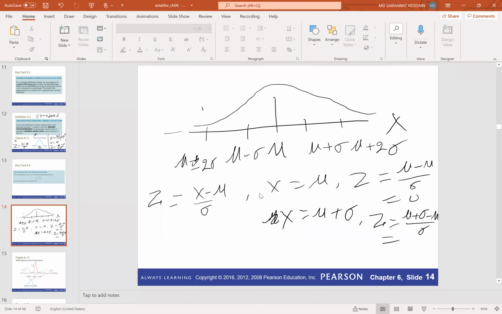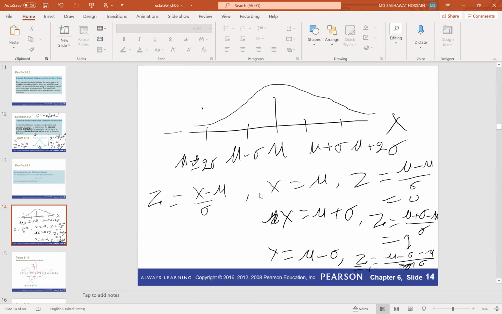If you simplify this, mu minus mu cancels out, and sigma divided by sigma will be 1. And when x equals mu minus sigma, then z will be mu minus sigma minus mu divided by sigma, which is -1.